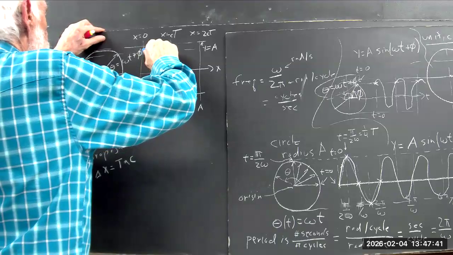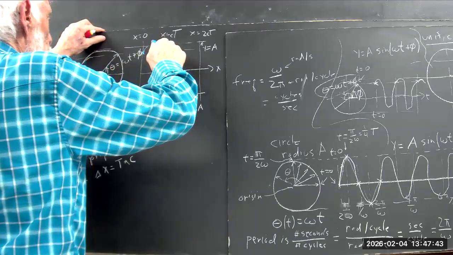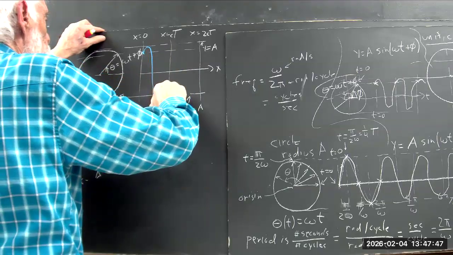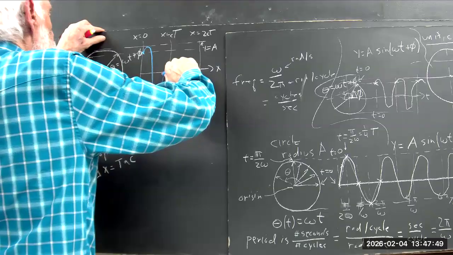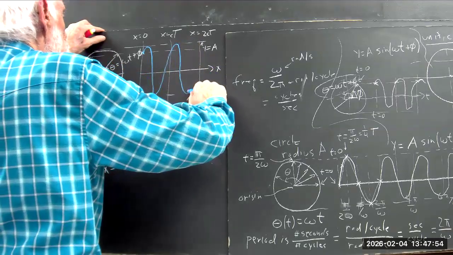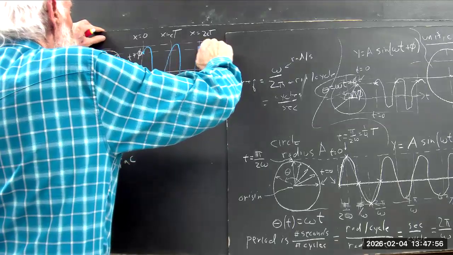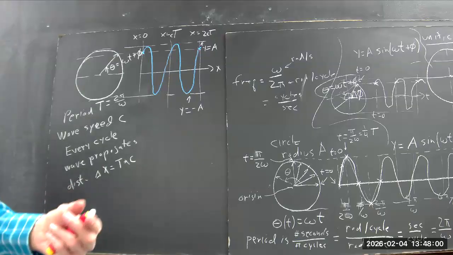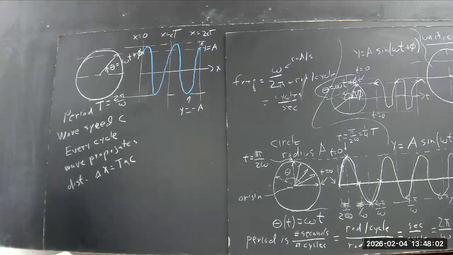So we would start here. Let's see if I can draw just a little more carefully. A little better angle. And there is a picture of our wave at an instant in time.